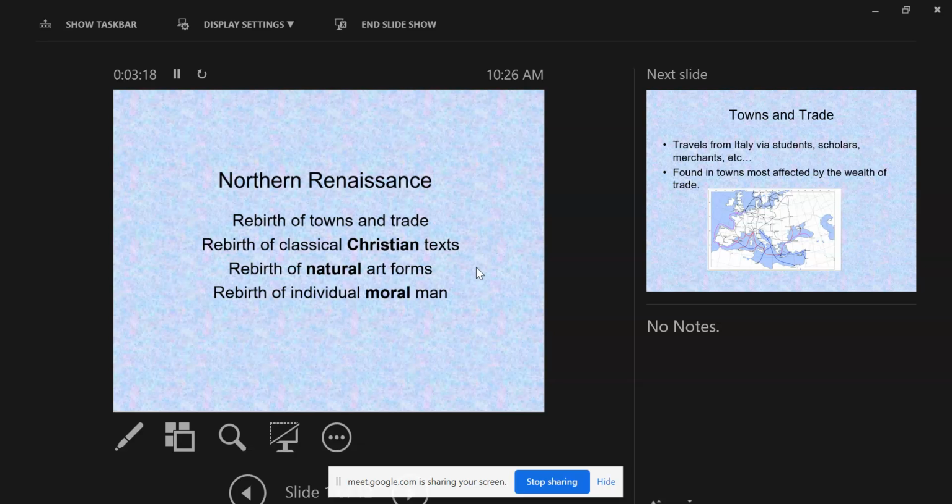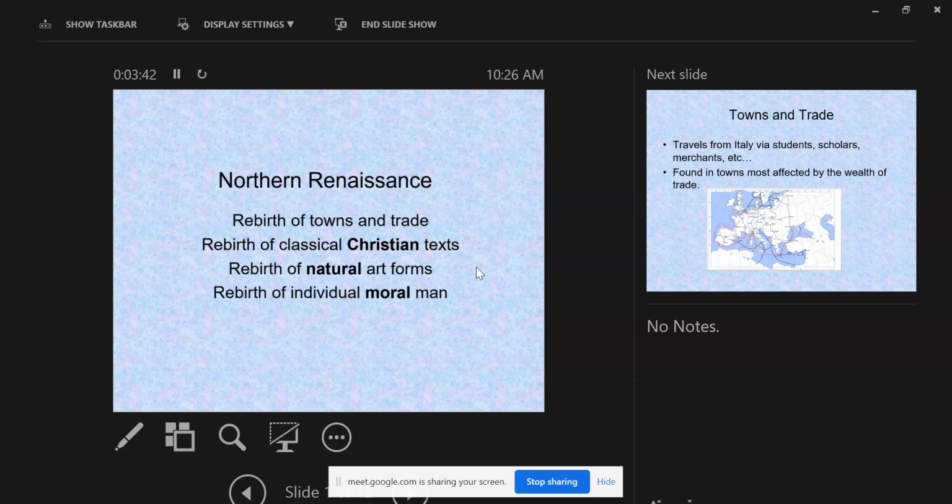The Northern Renaissance has some elements of that, but then also it seems like in the North, they're really concerned with being not the most famous, talented person, but in some ways the most moral person, or the person who's closest to God. Not in a medieval way. You'll see there's a bit of a difference there. But those are your 4 rebirths of the Northern Renaissance.